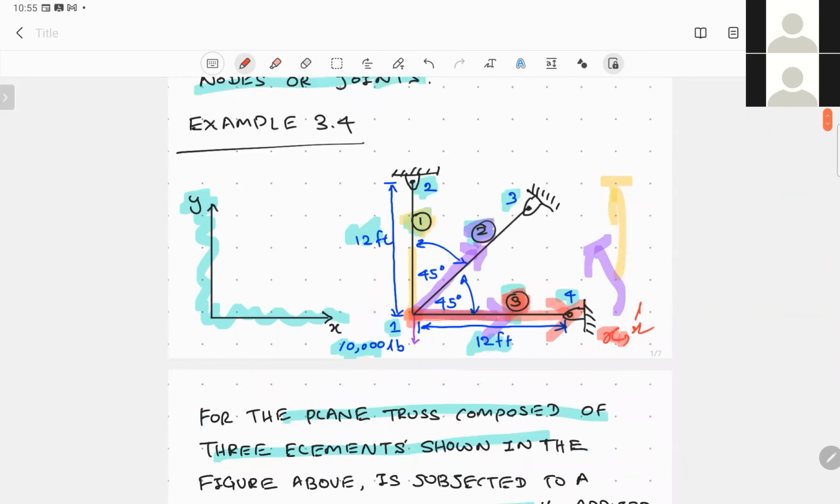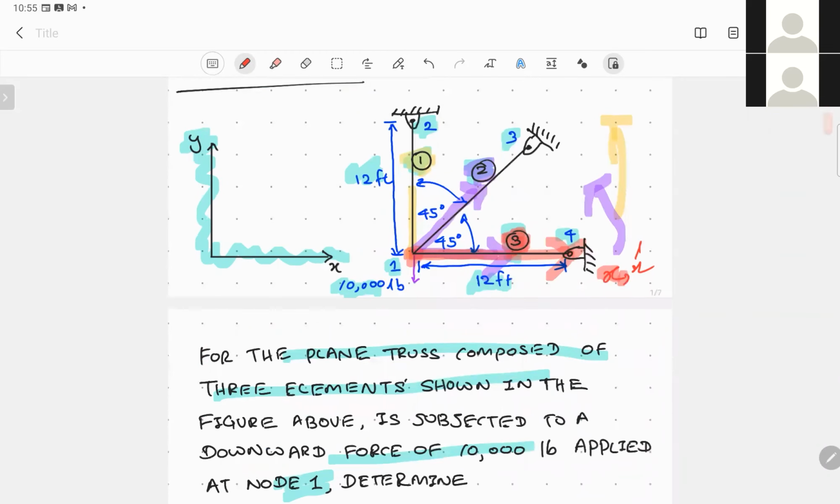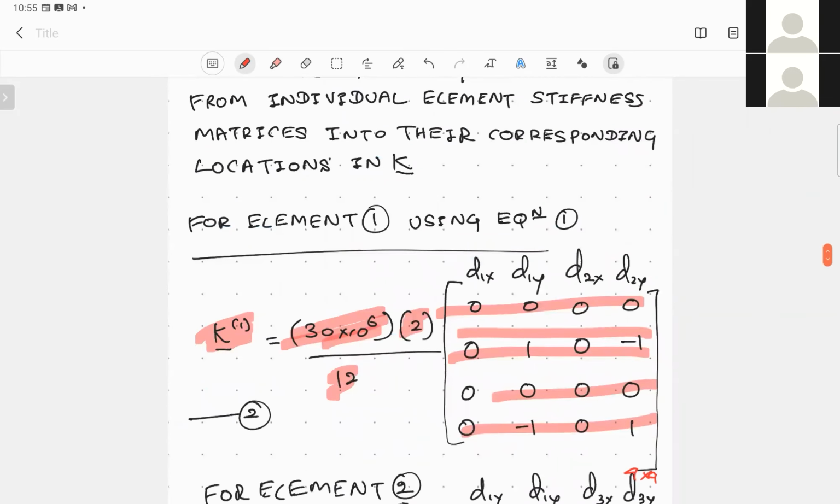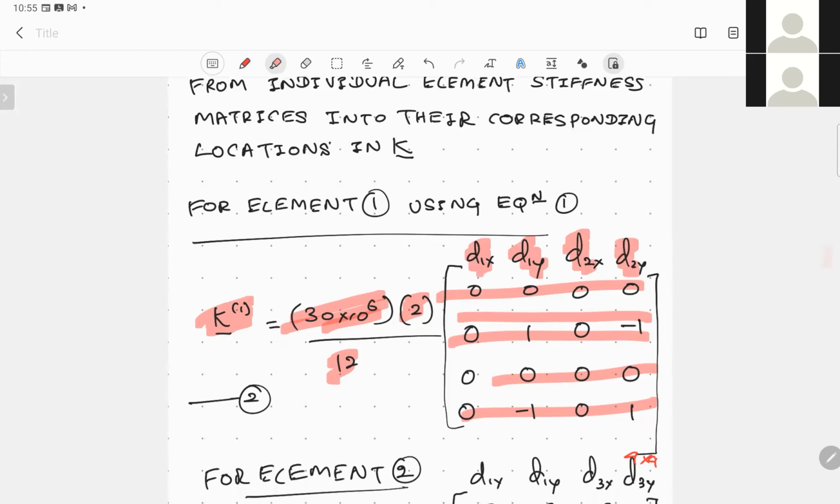Because we are trying to use the direct stiffness method to construct the total global stiffness matrix, let's write down the corresponding displacements at the top row. Here you can see d1x, d1y for node 1, and the components relating to node number 2 can be written like this.